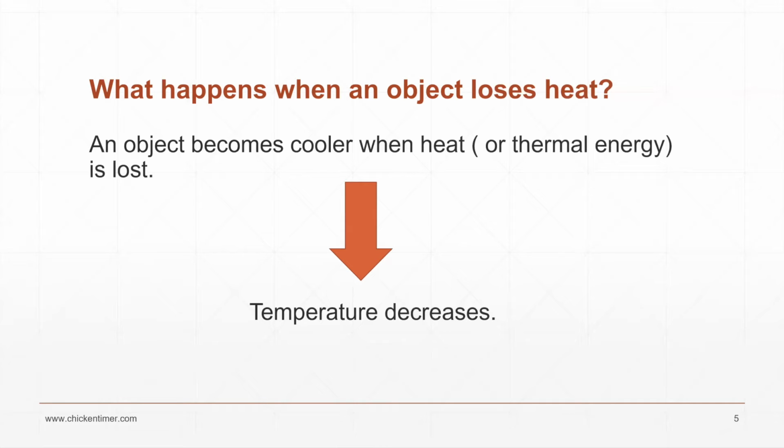Then again, if I leave a hot object on the desk, the object will lose heat or it will become cooler. We call it become cooler or become colder. Then when that happens, the temperature drops.